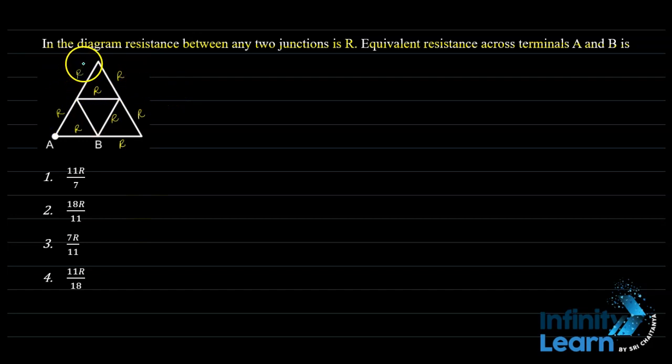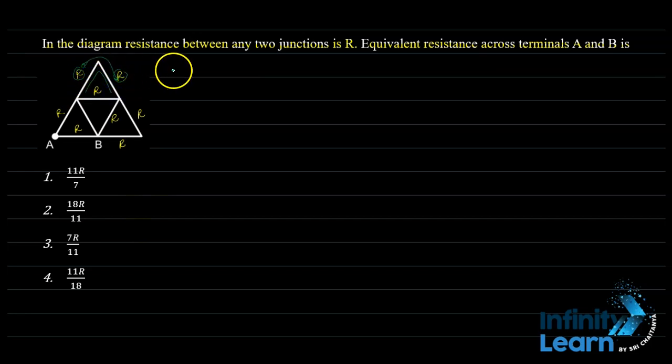So these two resistances are in series. So this equivalent resistance can be written as R equivalent, or let us denote it as R1. In the given diagram, the resistance R is connected in series.